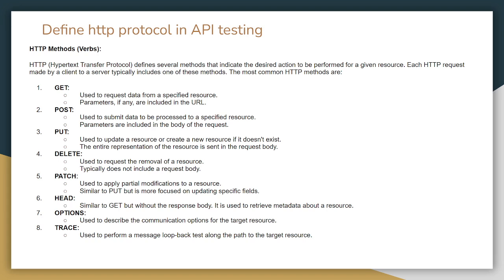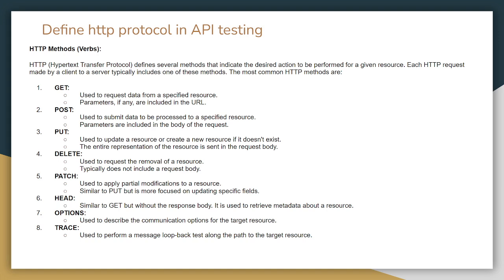The request body should have the data that you want to create, and you can use a POST request to save the data in the database. PUT request is usually similar to POST, but typically used to update a resource or create it if it does not exist.